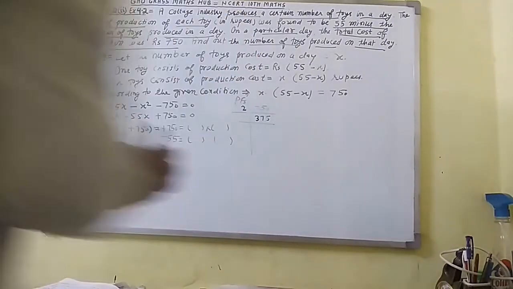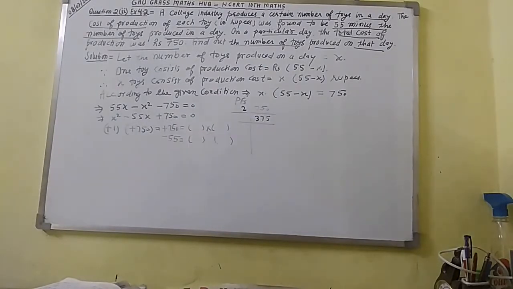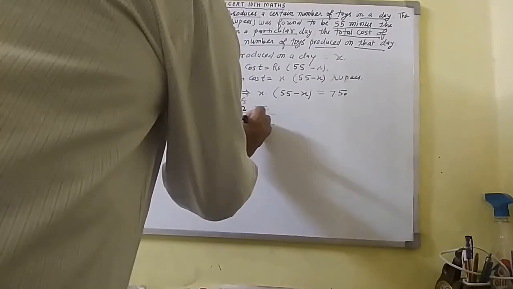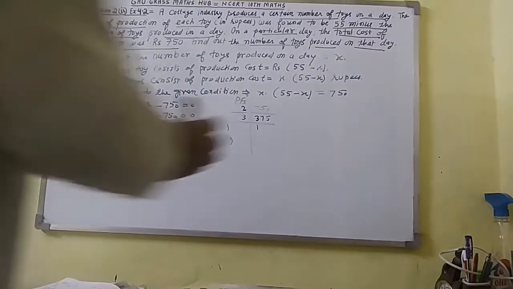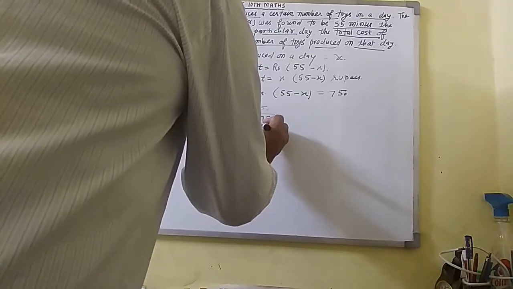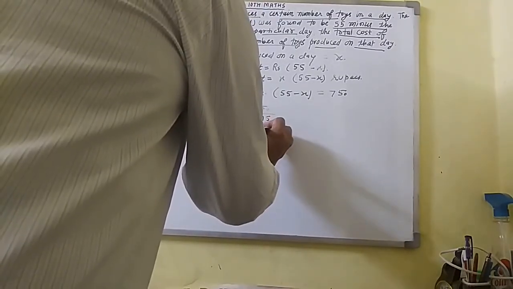Now the unit digit is 5, so you can't divide it by 2. Just divide by 3. If you divide by 3, you get 125.